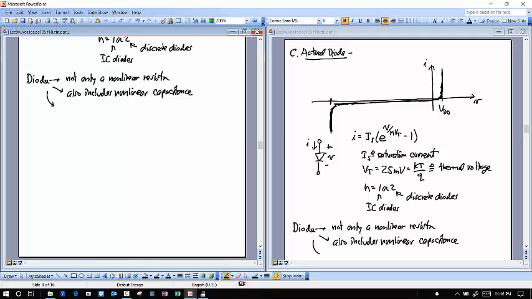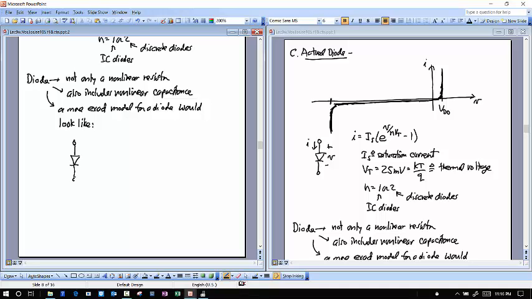Right? And so, if we want a more exact model for a diode, then it would look like this. So I'll take my real diode symbol, where I put a voltage across this, and I'll get a current according to this transfer function that I have on the right side.